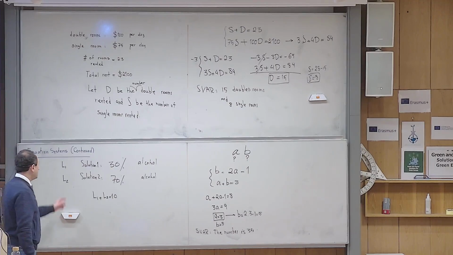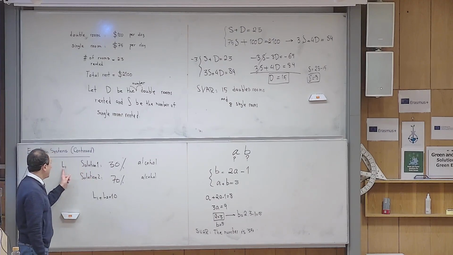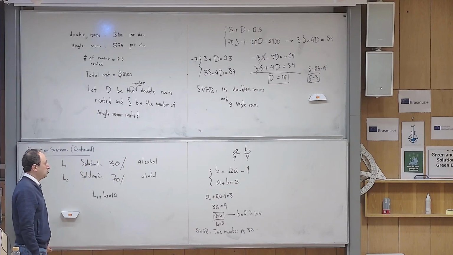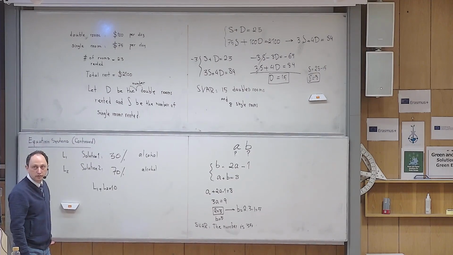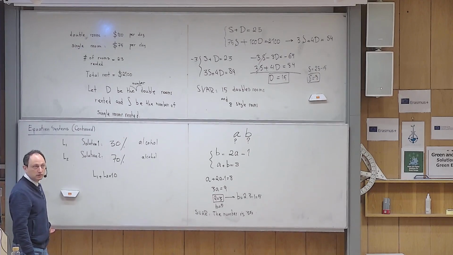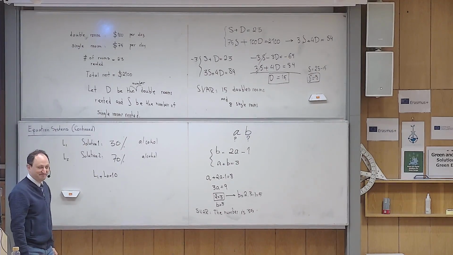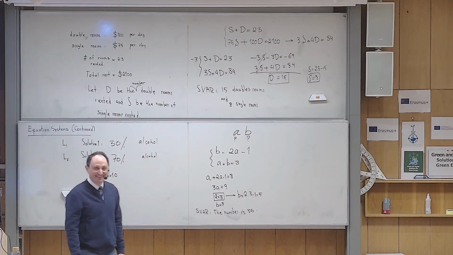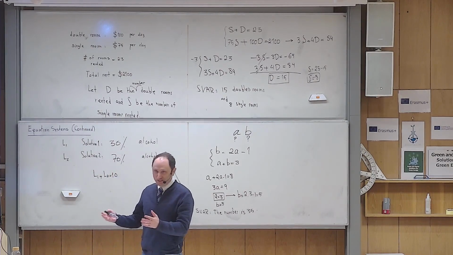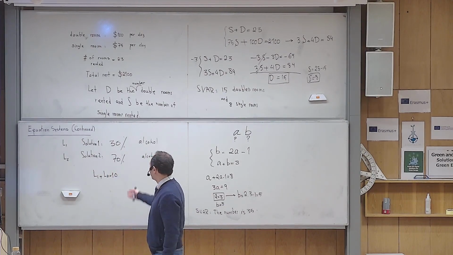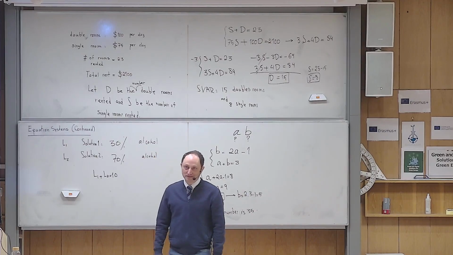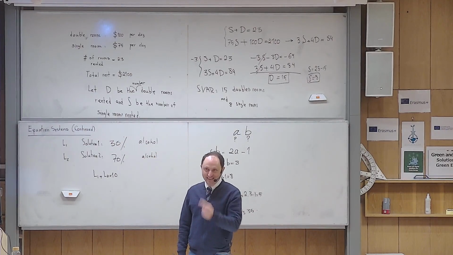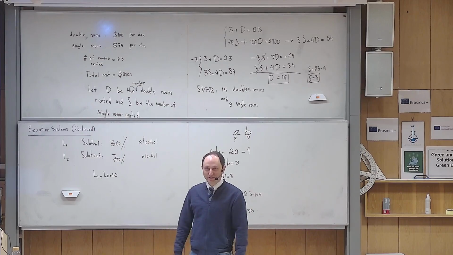If I have L1 liters of the first solution, how much alcohol do I have? The first solution contains 30% alcohol. If I take 1 cc, do I have 1 liter of alcohol?